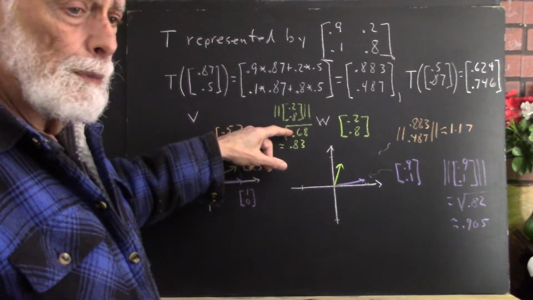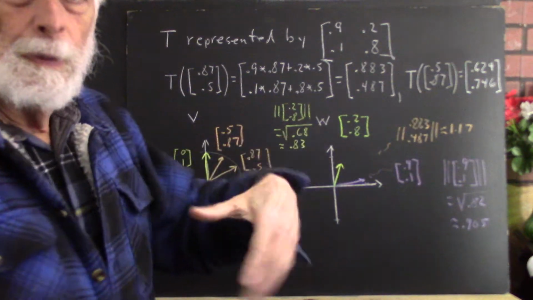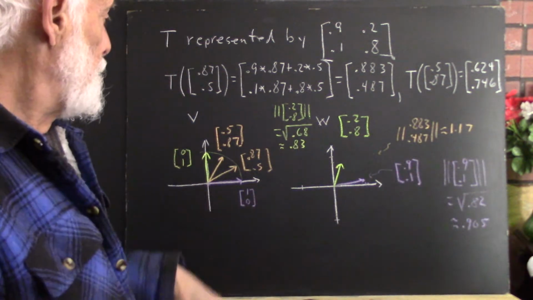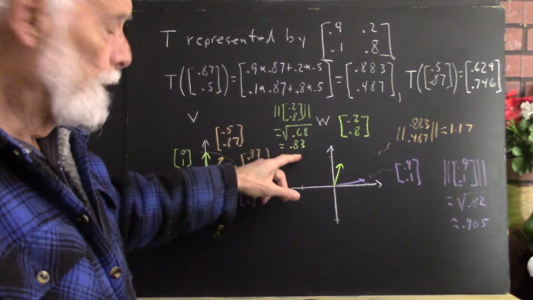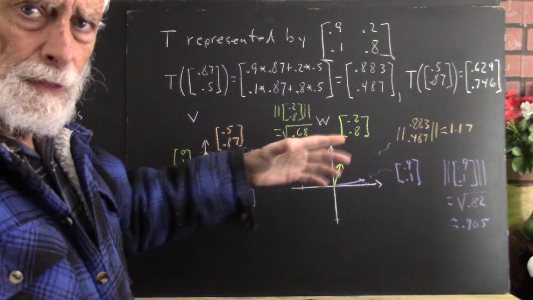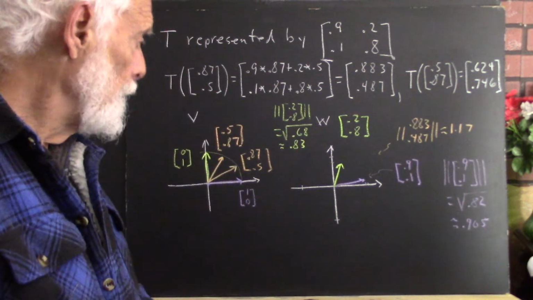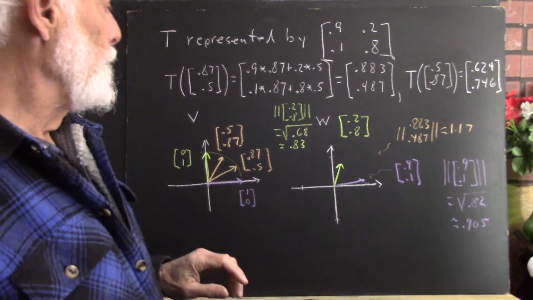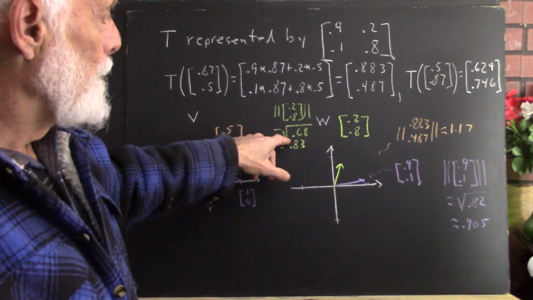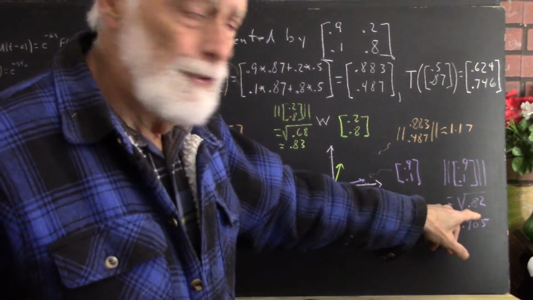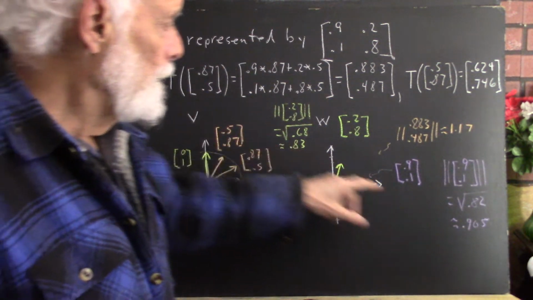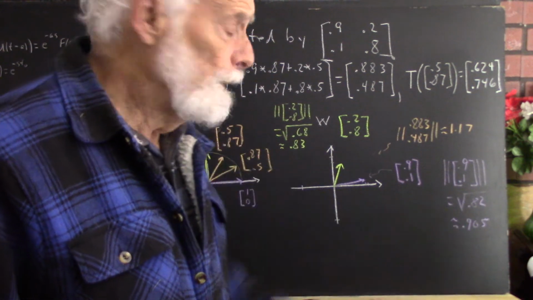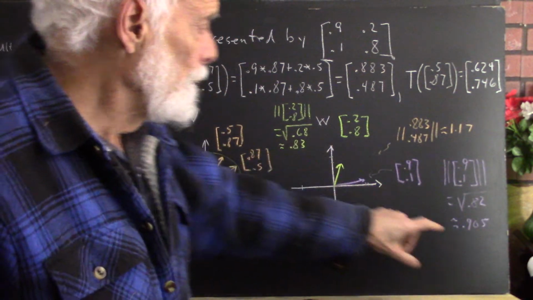The square root of 0.64 is 0.8, and the square root of 0.68 is a little more than that. I think it's about 0.83. It's not off by more than a hundredth, I don't think. The point, though, is that clearly the square root of 0.68 is less than the square root of 0.82. So even if these approximations aren't all that accurate, we see that this vector is shorter than this vector.